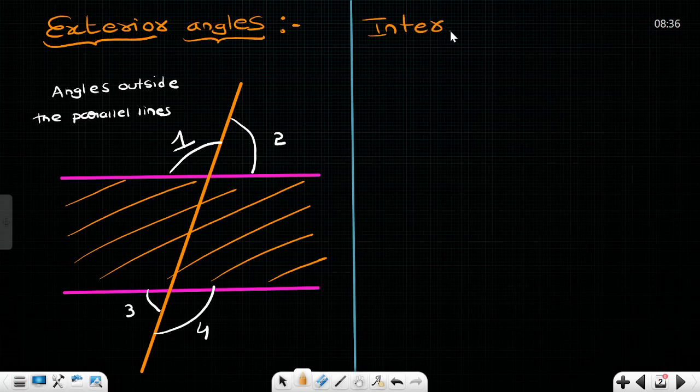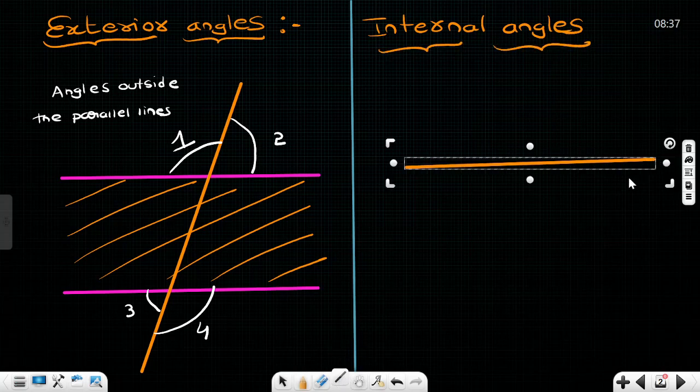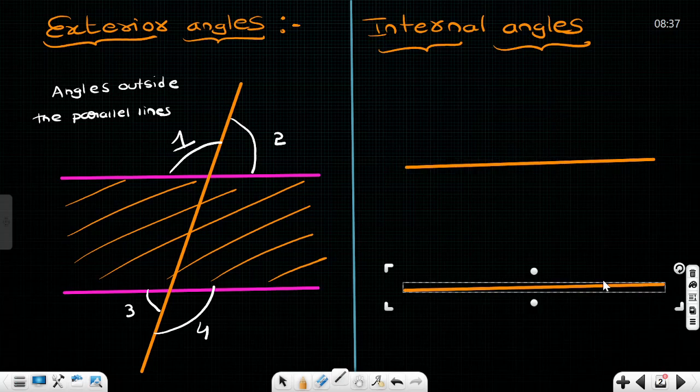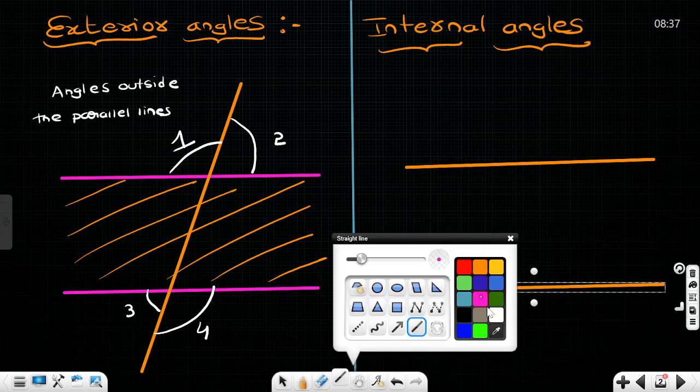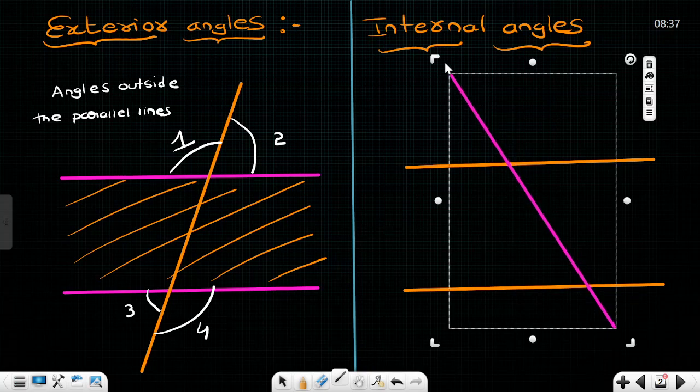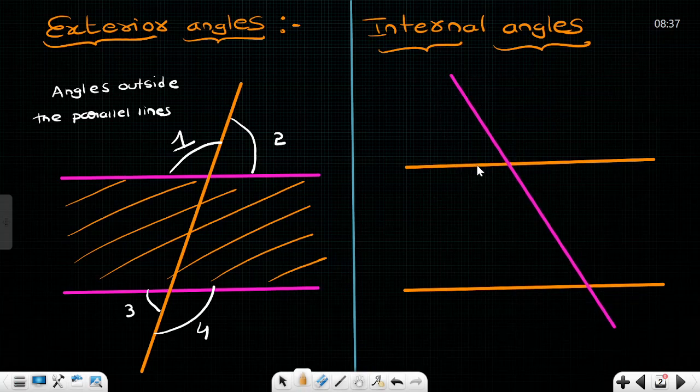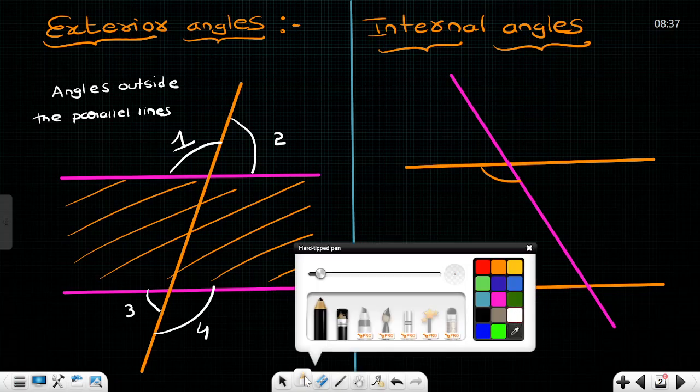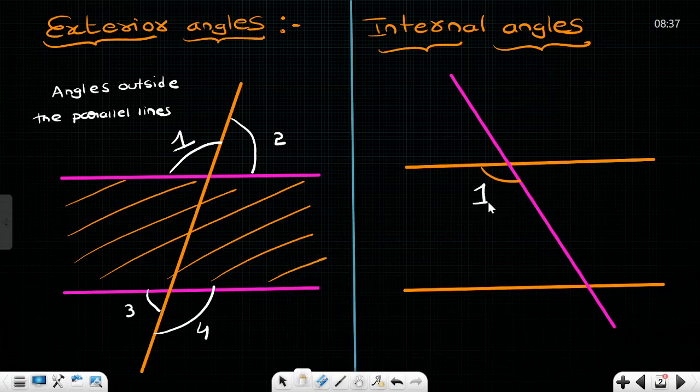Let's see internal angles. So let's say this is any other transversal cutting. Angle 1, angle 2, 3, 4.